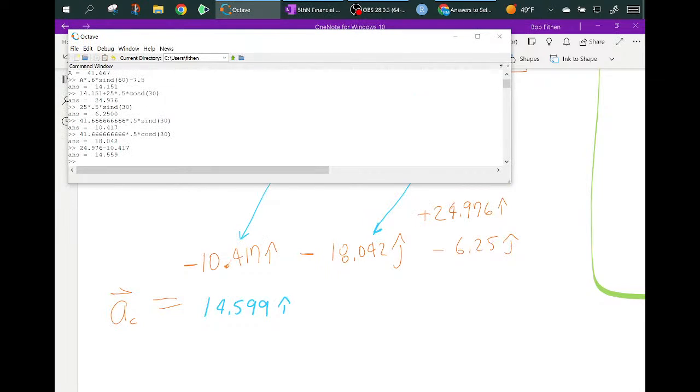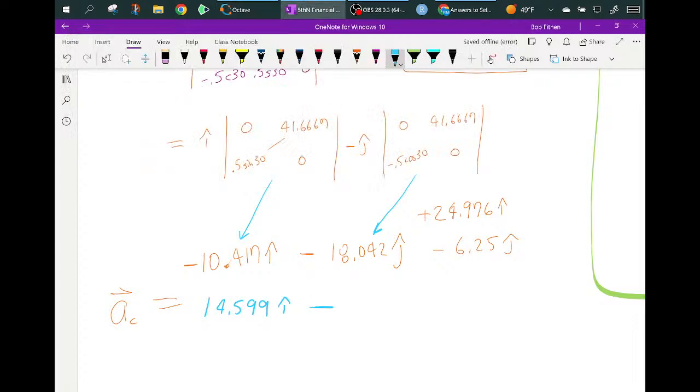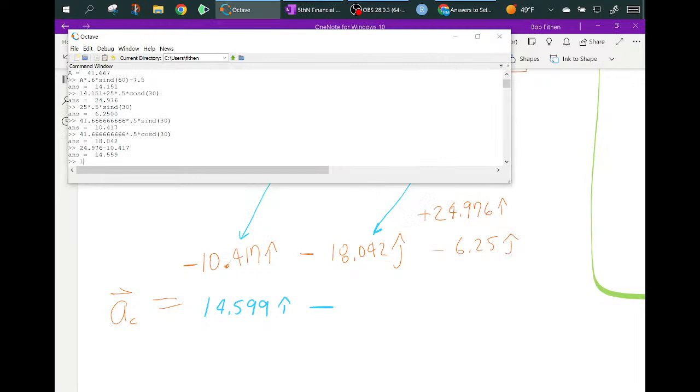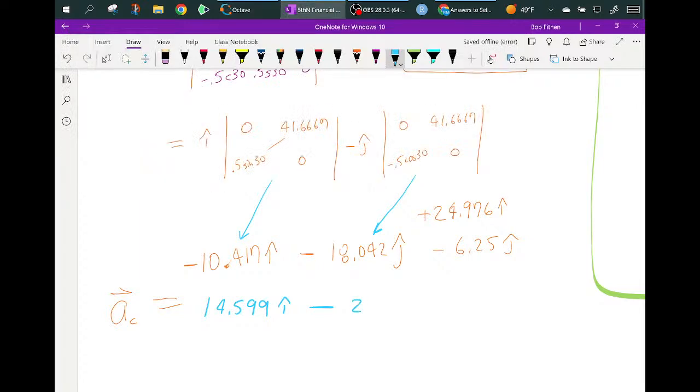14.599 minus 18.042 added to 6.25, 24.292. And I think he wanted the magnitude.